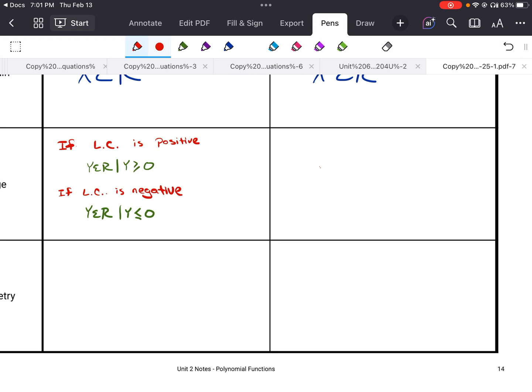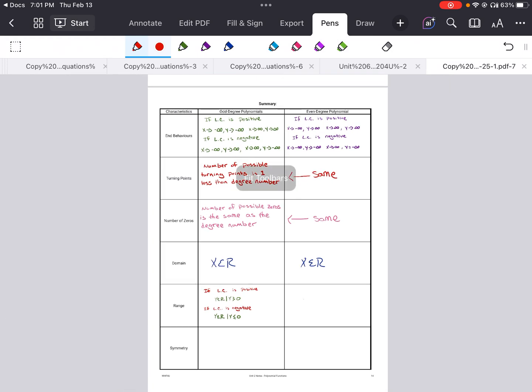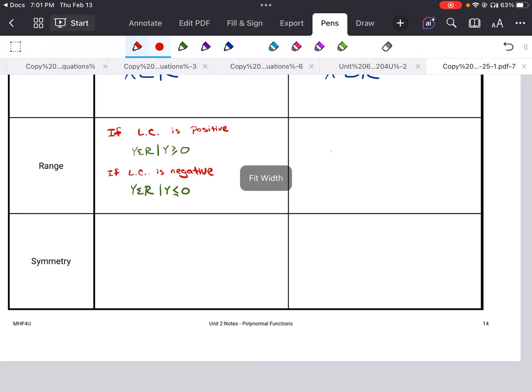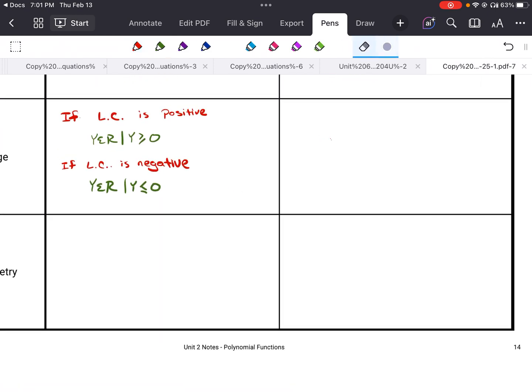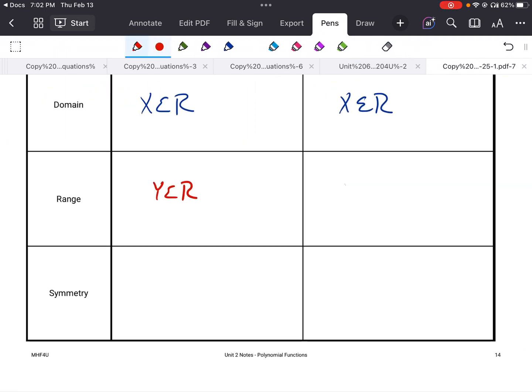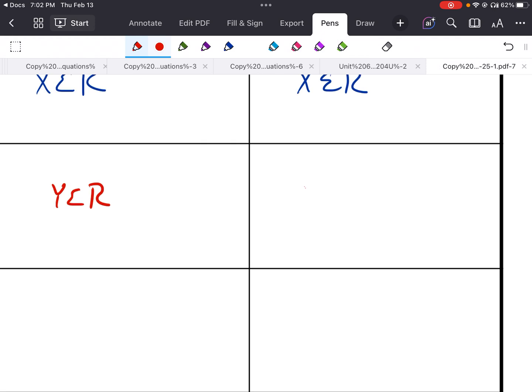Okay, with even degree polynomials, since they go, you know what, this is my mistake. Just ignore that part. With odd degree polynomials, they go up and down forever, so it's y ∈ ℝ.